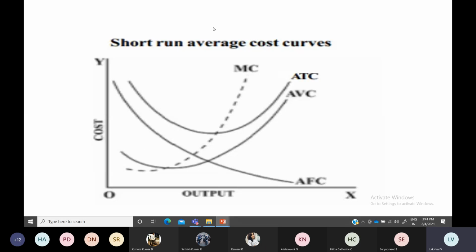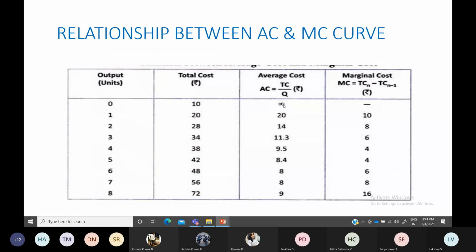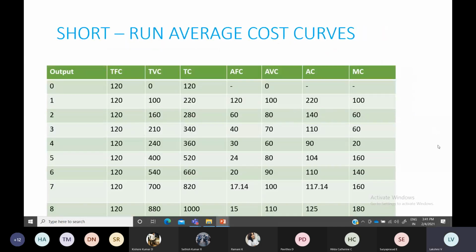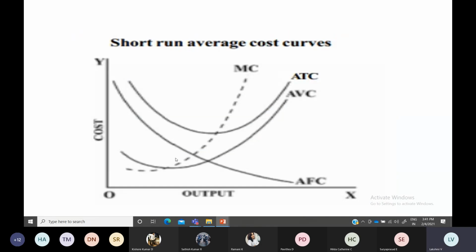Average total cost and average variable cost both diminish, reach a minimum point, and then increase again. So both curves are U-shaped. Marginal cost, the same way, declines, reaches a minimum point, and starts to increase. So this is the short run average cost curve.